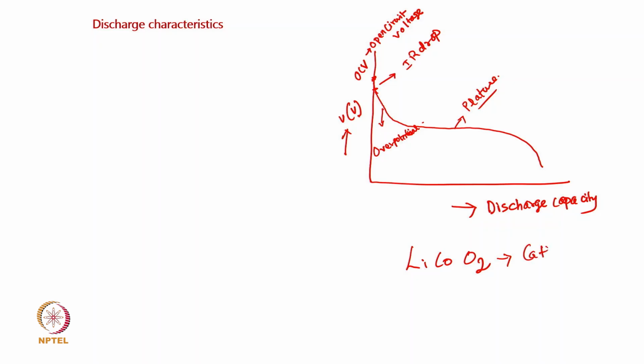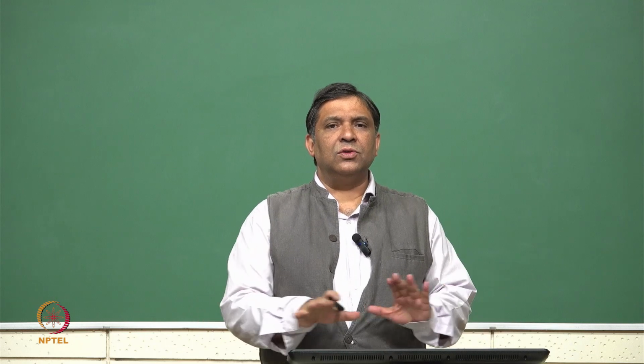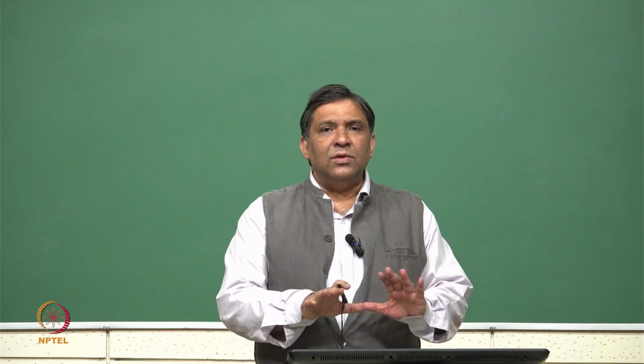Okay. So, I already mentioned that a typical cathode material is, say, lithium cobalt oxide, and graphite is a typical anode material. So, the lithium which starts from graphite goes towards LiCoO2, that is the cathode, and gets intercalated there. And over this time, there is a plateau.